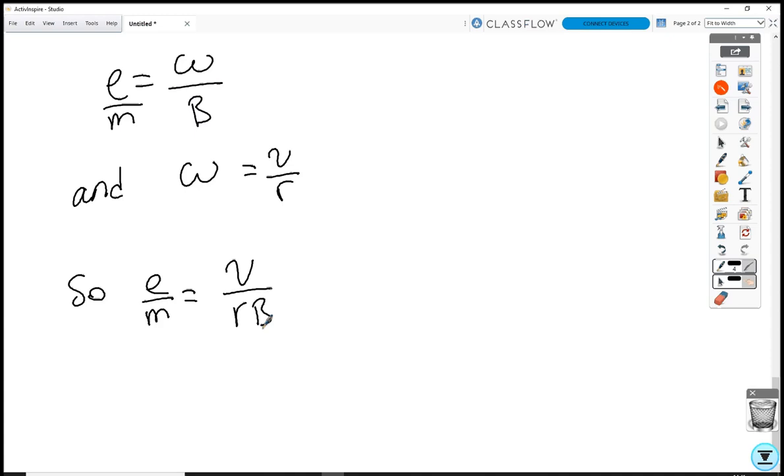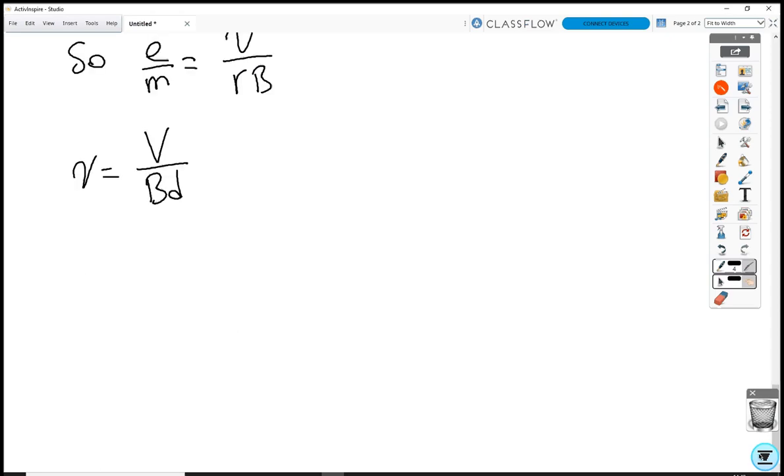But we just said earlier that little v equals big V over BD. And so we make these two substitutions, and we substitute for v.